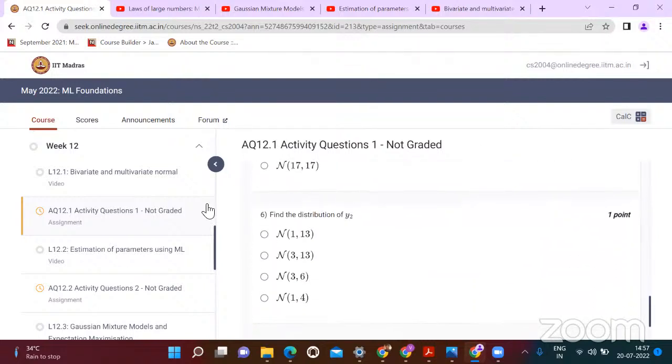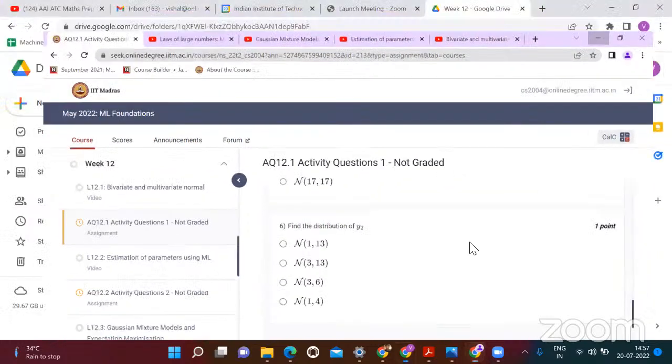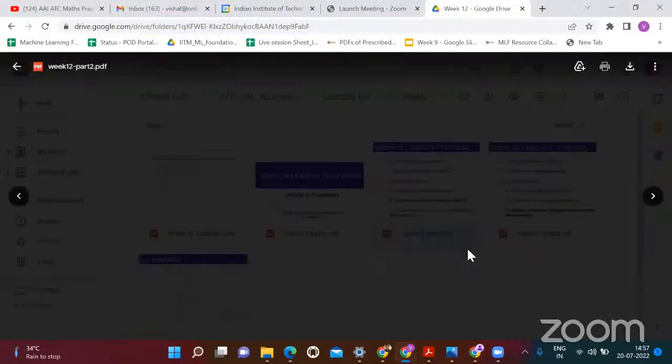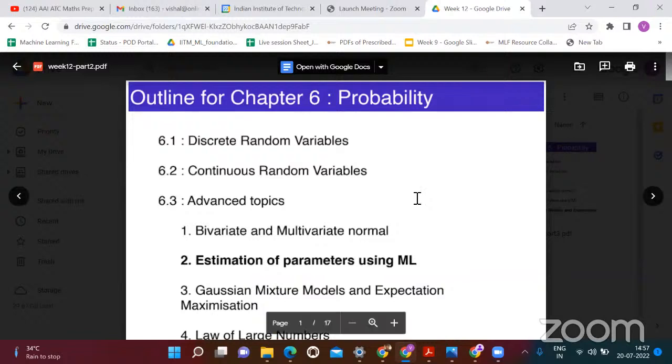So the first lecture is clear, right? Is there any issue in that? Is there any problem in that? Or should I go through the second one?